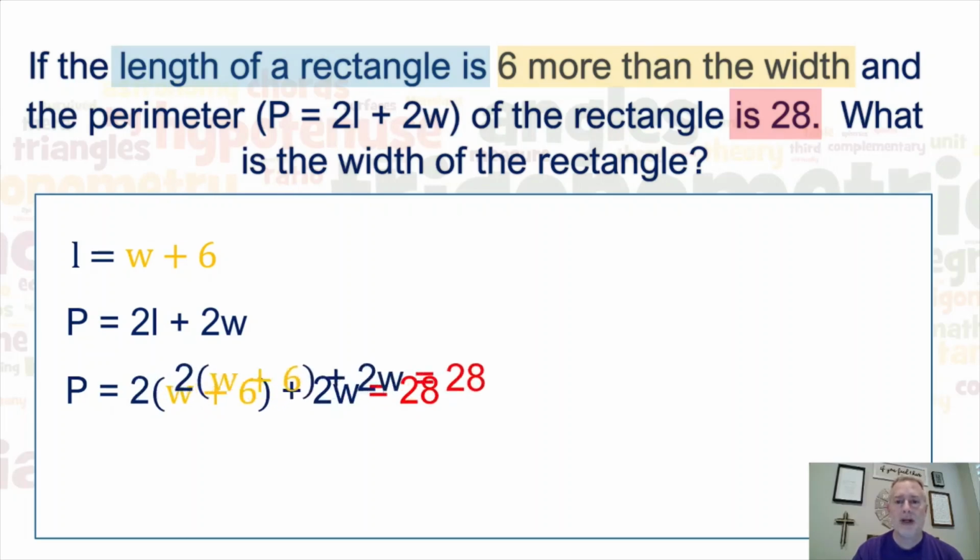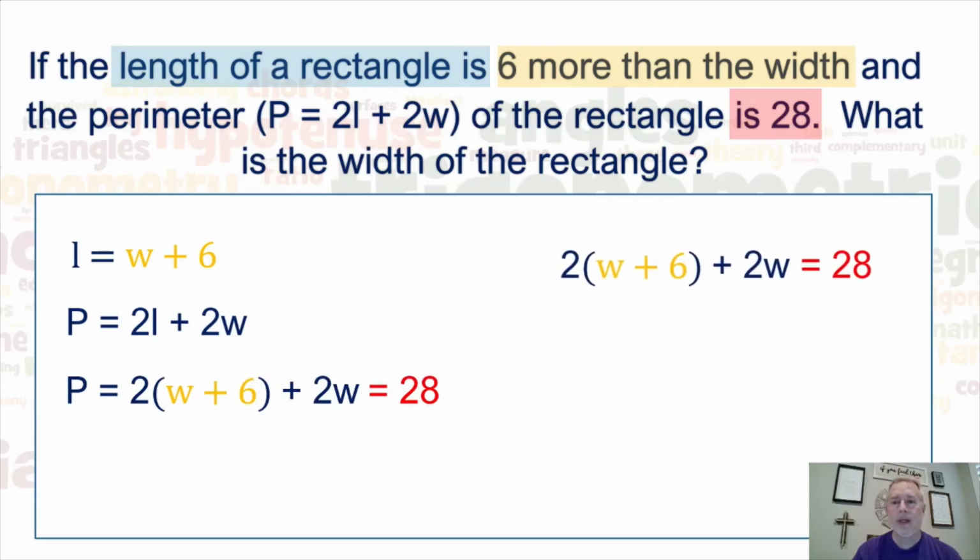So let's come over here and work this out. Twice the sum of W plus 6, or 2 times W plus 6 plus 2W is equal to 28. I'm going to distribute the 2 because I know any number outside of the parentheses means to distribute. So I'm going to get a 2W plus a 12.